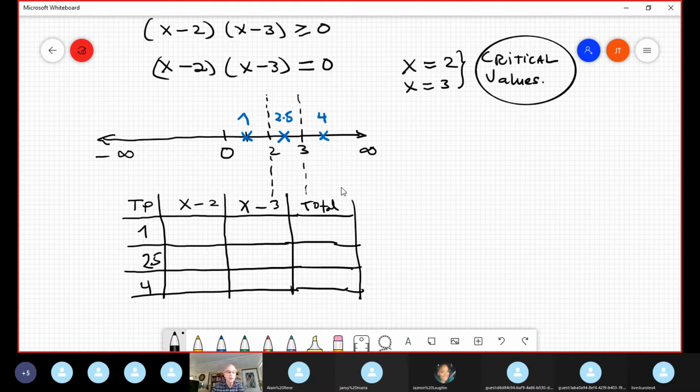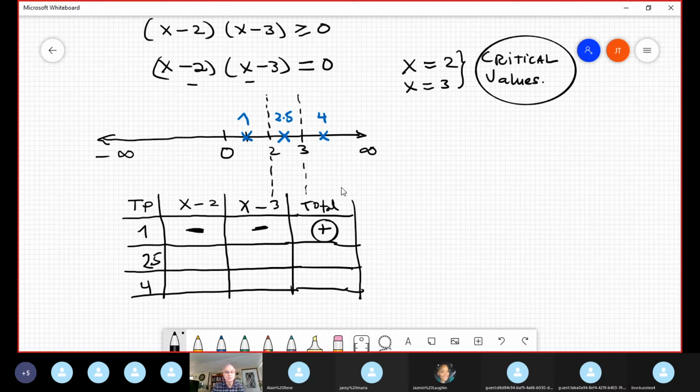You evaluate 1 here. 1 minus 2 is negative 1. I care about the sign, not the value. The important information for the solution of the inequality is the signs, not the value. It's negative. Negative here again is negative. And negative together is positive because the factors are multiplied.